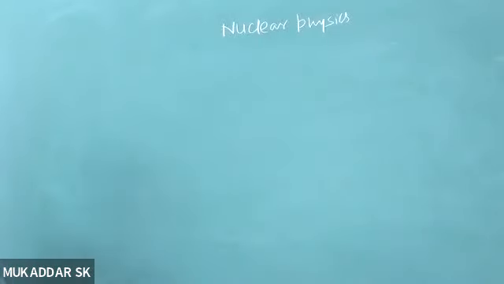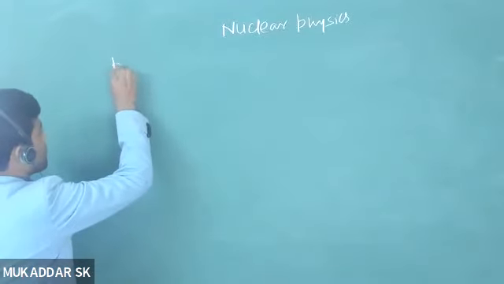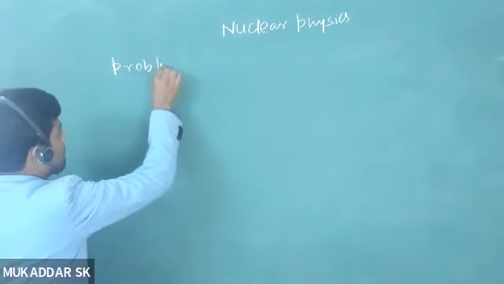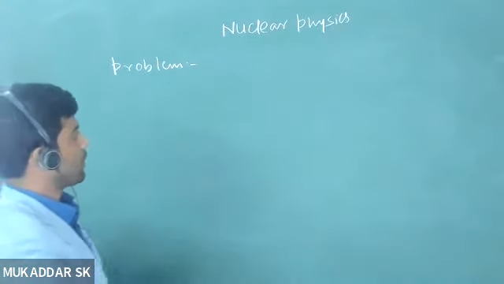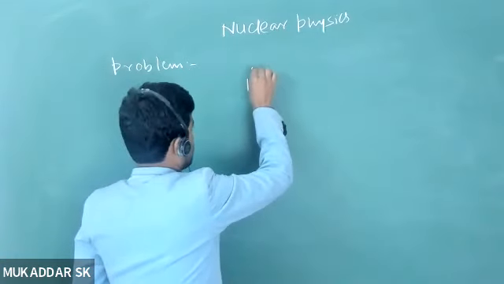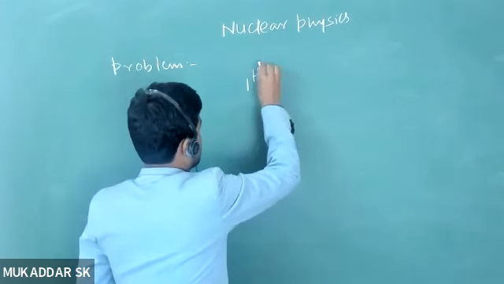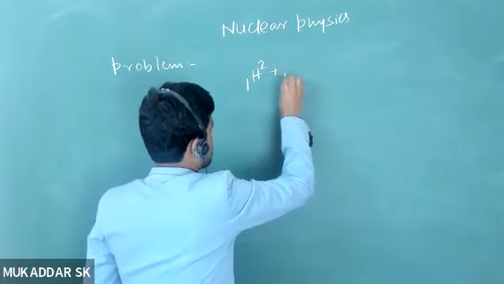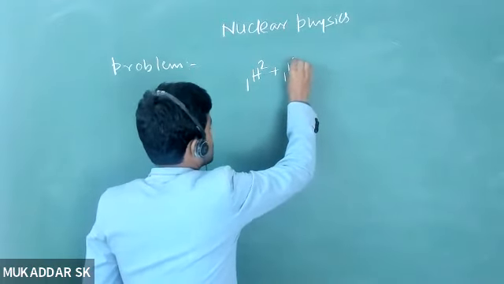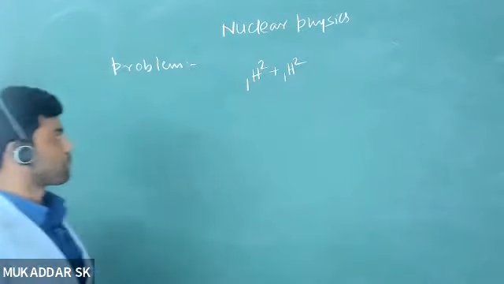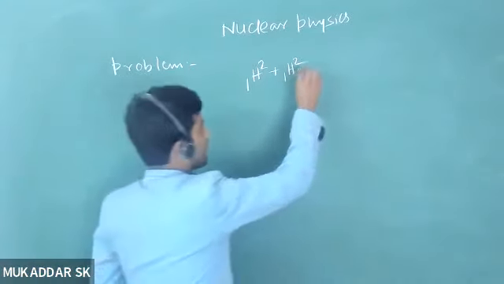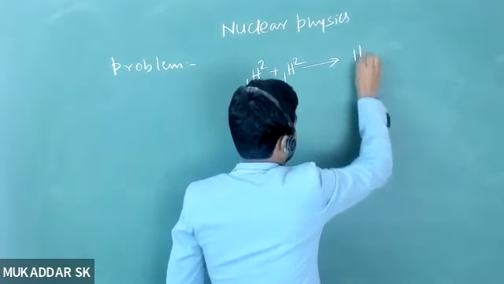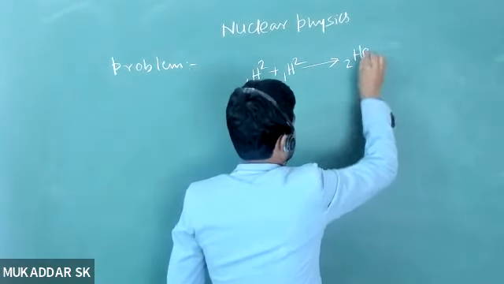Suppose it is given that two deuterium are combining and forming helium 2,4.